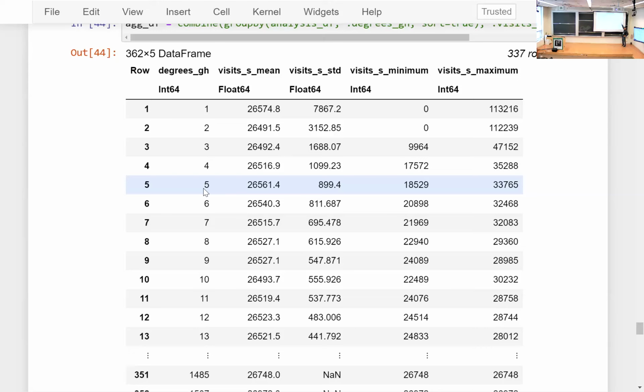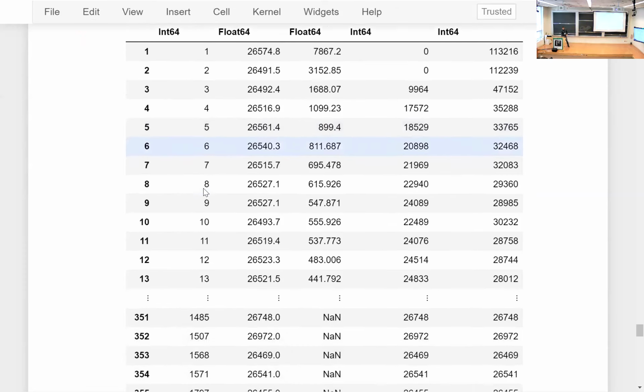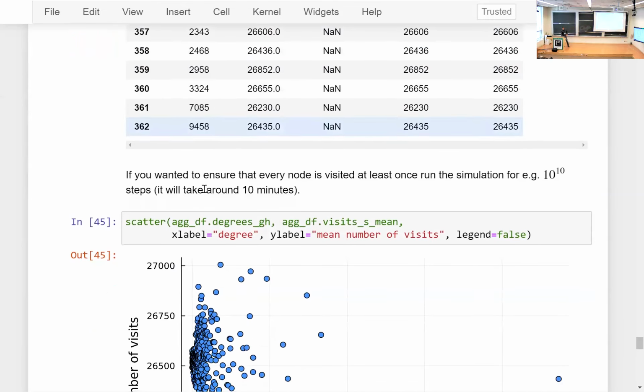And those very high values are also only for degree 1 and 2. As I increase the degree, it becomes much better concentrated. So the conclusion we learned from simulation, which probably could also be proven theoretically, is that the highest variability in the number of visits will be for low degree nodes.